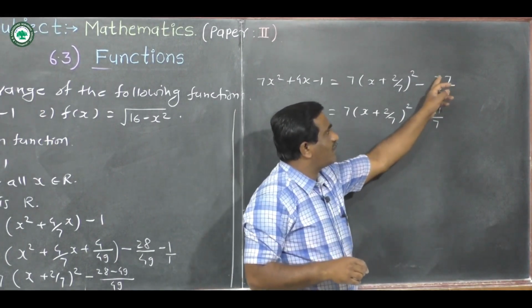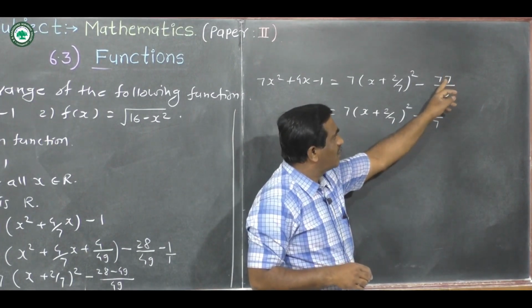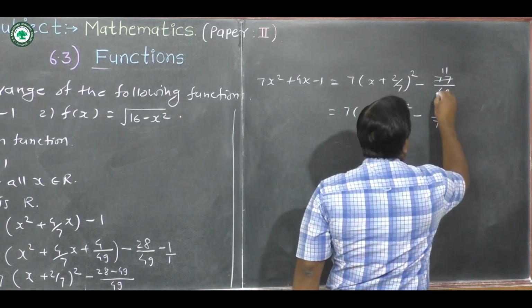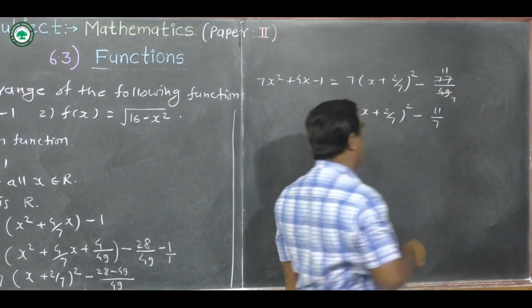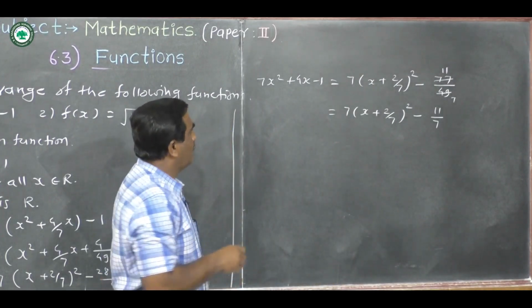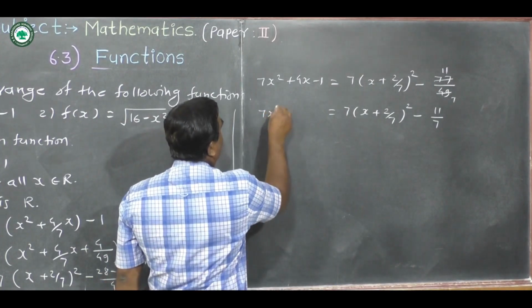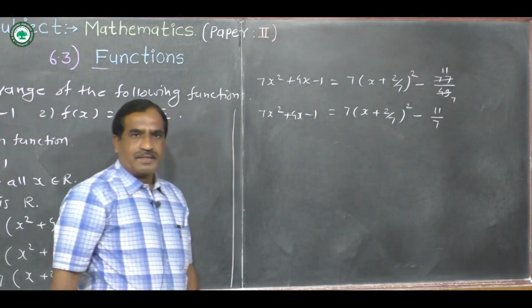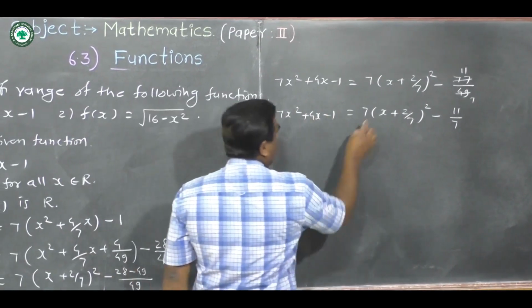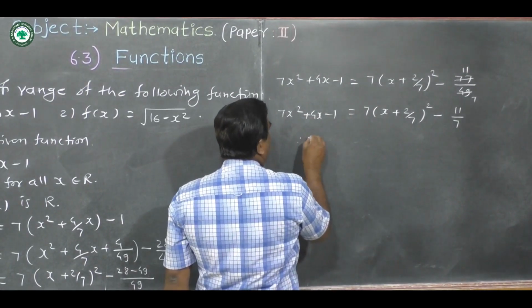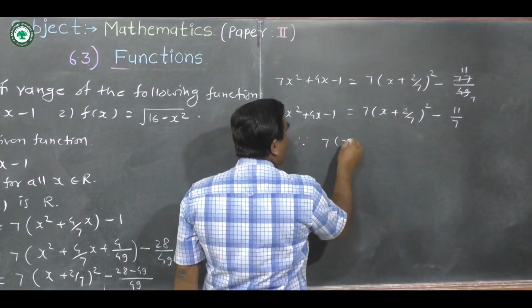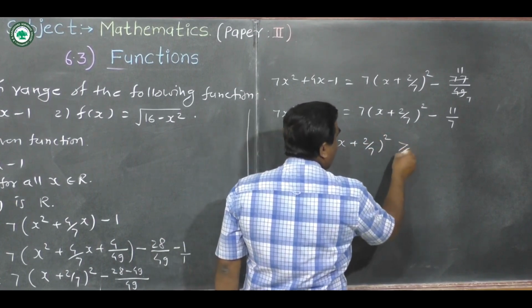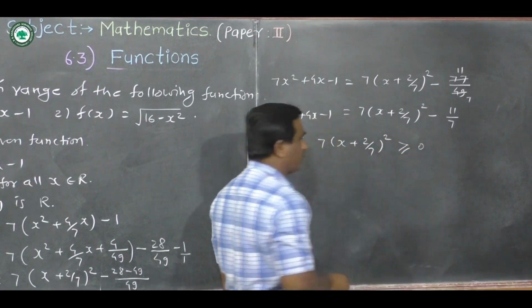Dividing by 7, 7 ones are 7, we get 11 upon 7, and 7 sevens are 49. Okay, this is the value of 7x square plus 4x minus 1. But this term, 7 into x plus 2 by 7 bracket square, is always greater than or equal to 0.